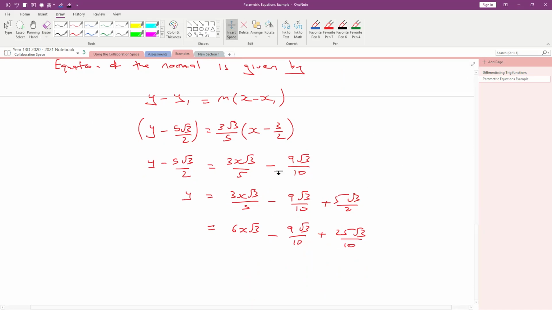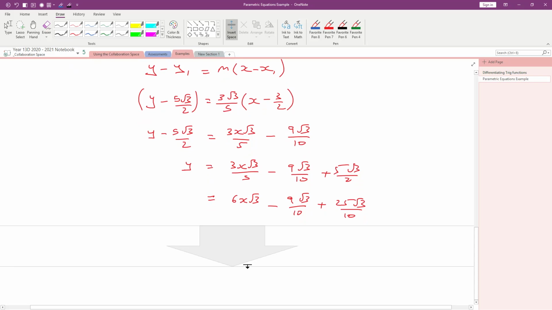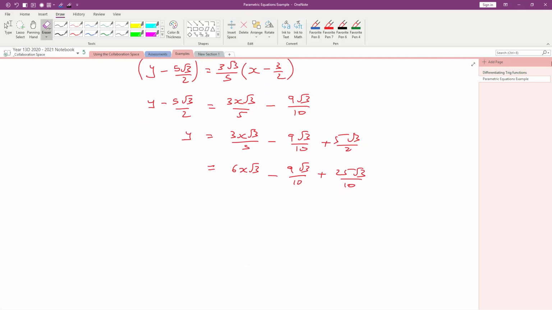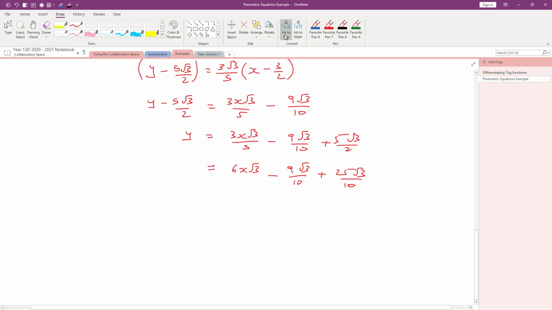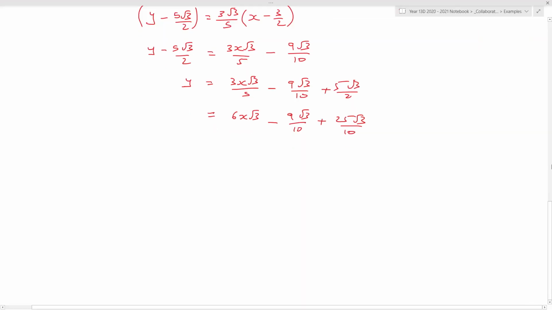And I'll just grab a bit more room. Here's my pen. I think that's the wrong one. That one. Right. So that should have been over 10 because we've multiplied it by 2.